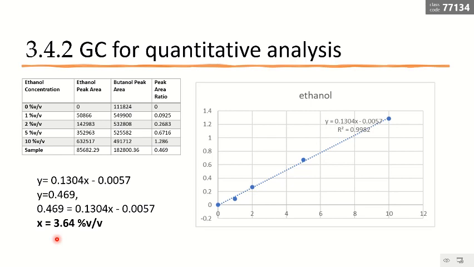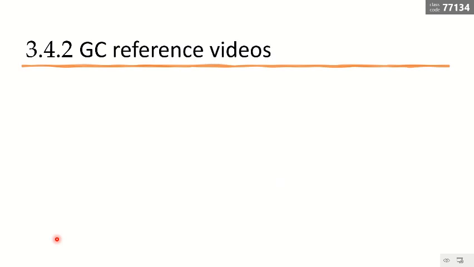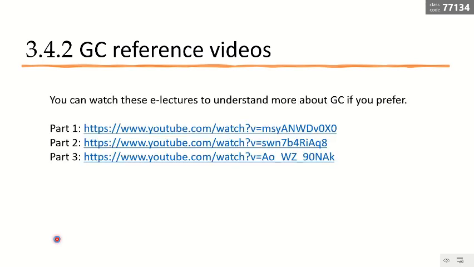Okay, now we have intensively learned a lot about the GC analysis for ethanol. I simplified a lot of the contents from some other videos. I hope you can take some time to understand more about this GC. Here are the YouTube links. I am going to post these links into our Brightspace as well.